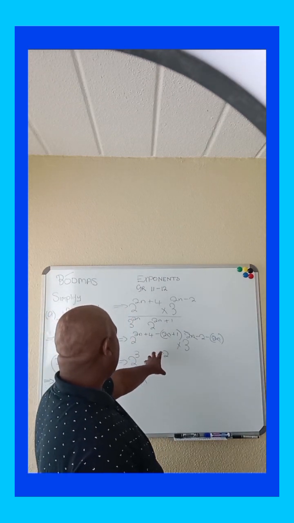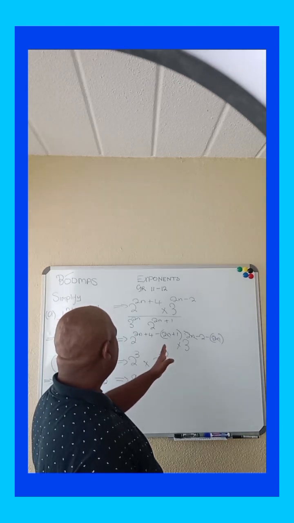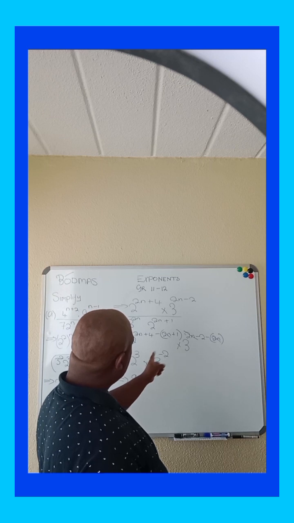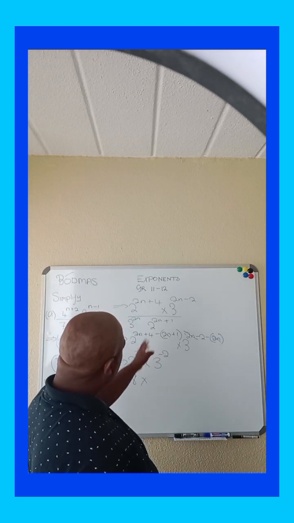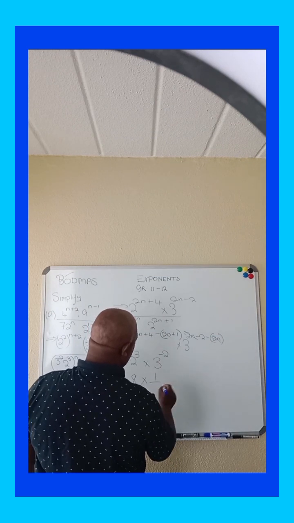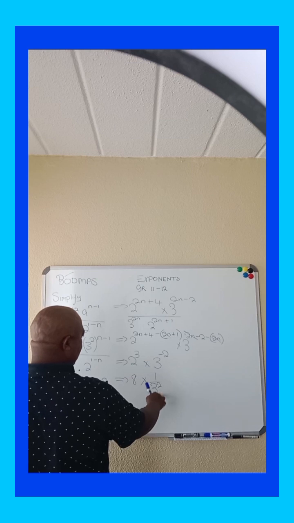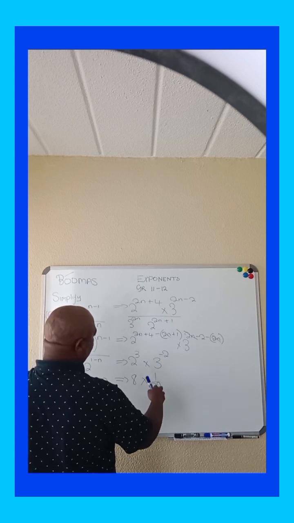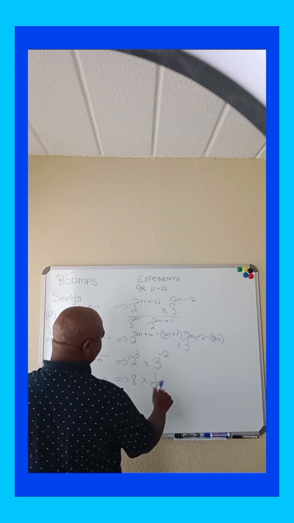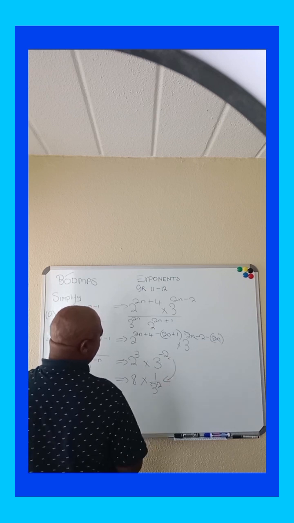So if there is a minus, we write it in a simple way by putting a division. That is the law of exponents. Once there is a minus, we put the exponent in a division form. So this one will be 1 over 3 to the power 2. This is the same thing in exponents. It's a law of exponents.